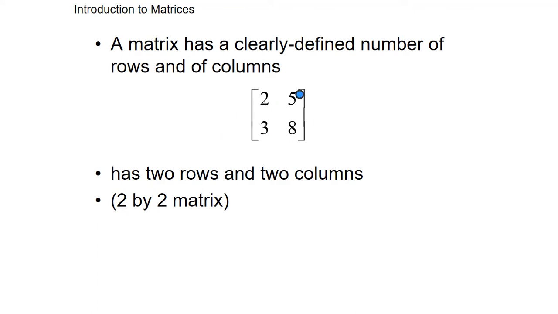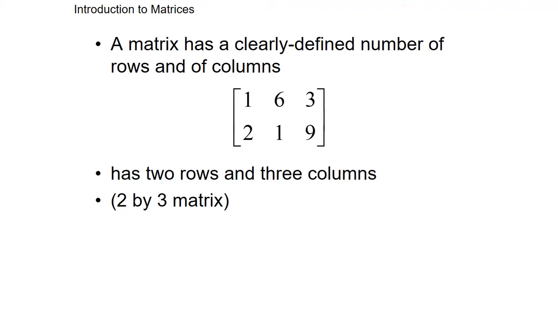So we see here we have two rows, a top row and a bottom row. We have two columns, a left column and a right column. And we call this one a 2 by 2 matrix. But the one here we call a 2 by 3 matrix because it has two rows and it has 3 columns.